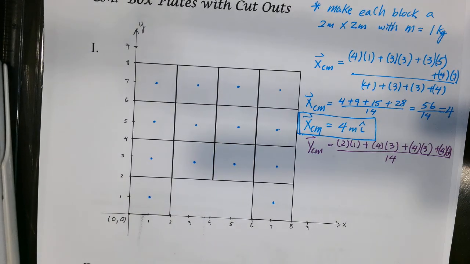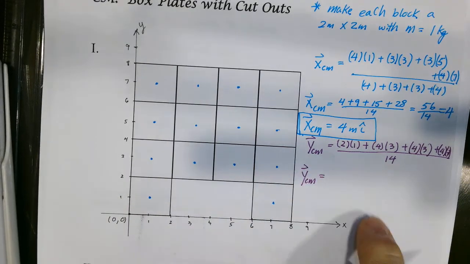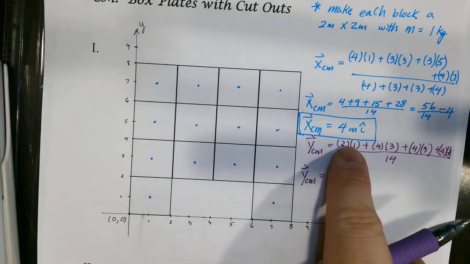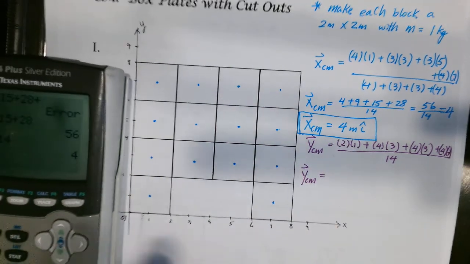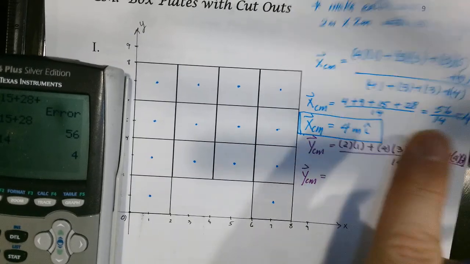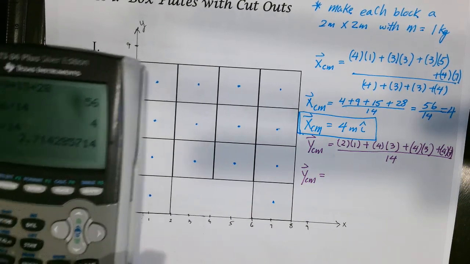We already know the total mass is 14, it's not going to change. So here, 2 plus 12 plus 12 plus 12.